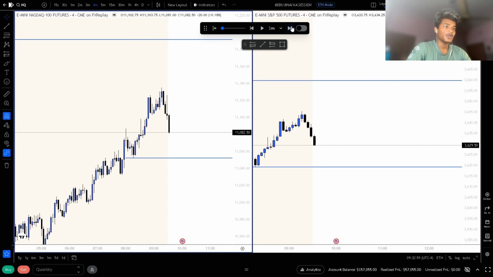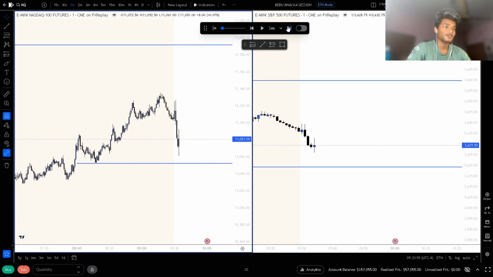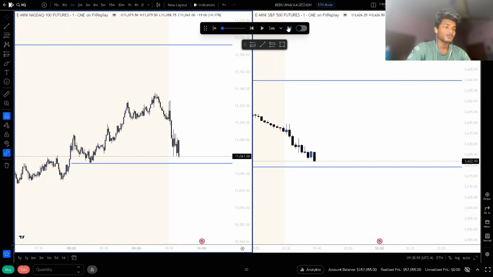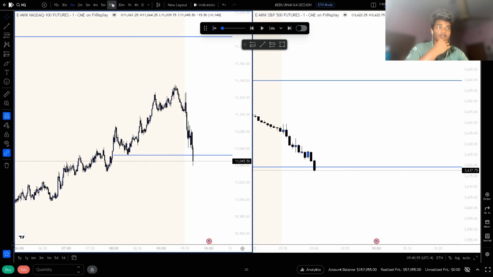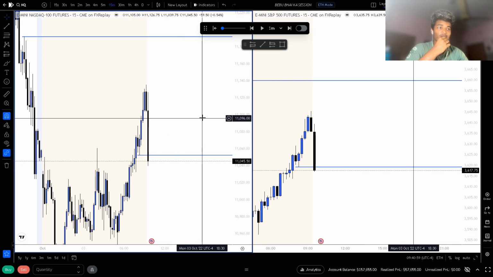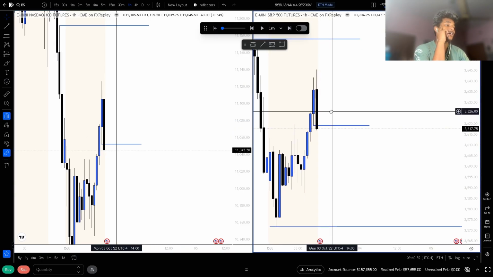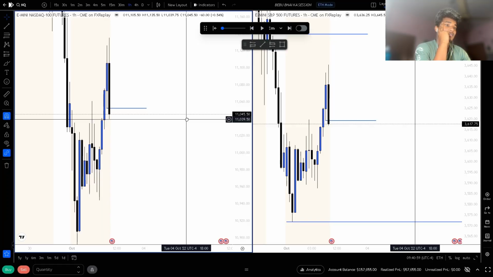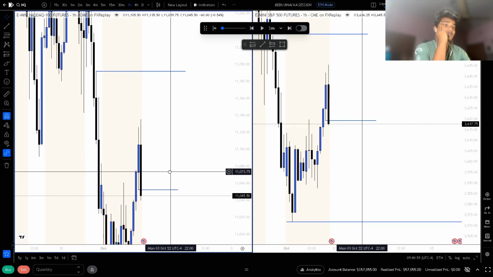So market manipulated down. You can see here the market manipulated down, and it is making low resistance liquidity also, and the market has tapped the hourly gap. I do think yes, the market has tapped the hourly gap, and let's see what it is gonna do now.